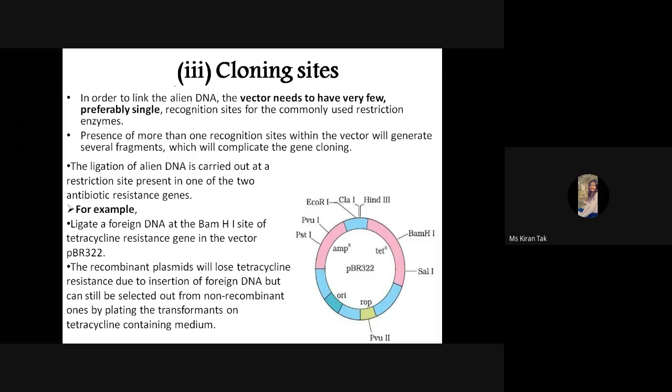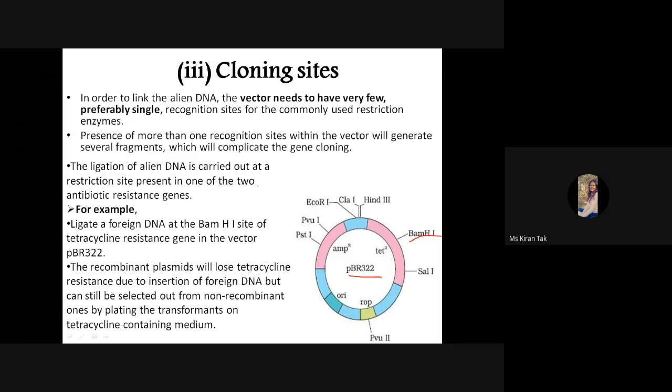Now the cloning site. The vector needs to have very few and preferably a single cloning site. Why? Because, as we can see in pBR322, there are two BamHI sites present in this vector, so it will be difficult to insert our gene of interest in the BamHI site, since we will not know at what position our gene of interest is inserted.